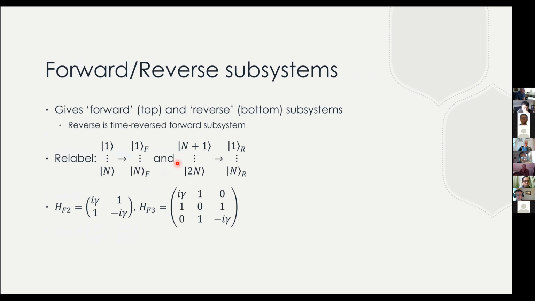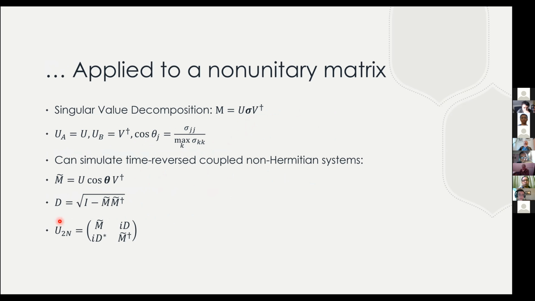But as I said, going back to the 2n by 2n system, because it's 2n by 2n, we relabel the top n modes as being in a forward system and the bottom n modes as being in a reverse system. The reason we do this, if I go back to this slide, is that in the top subsystem we implement the transformation M, and in the bottom subsystem we primarily implement the transformation M dagger, apart from the interactions between these 2 subsystems.